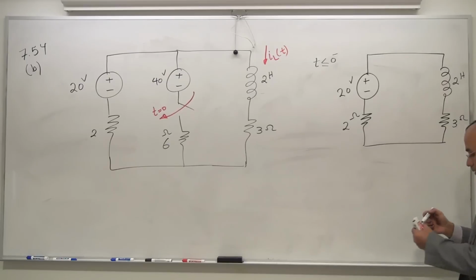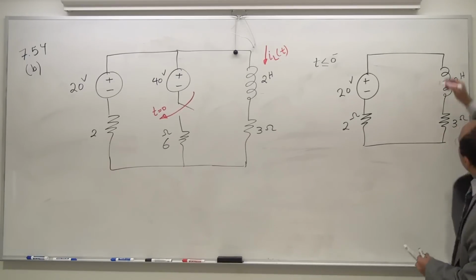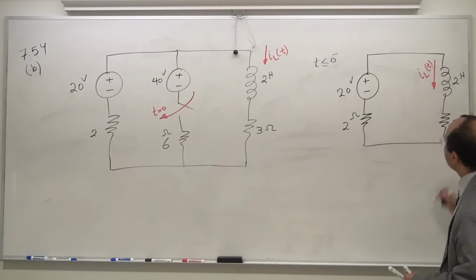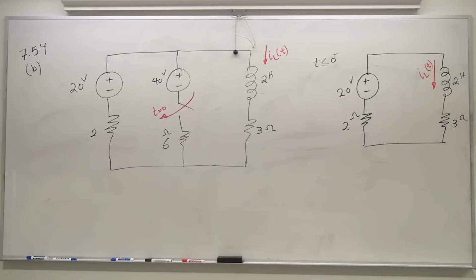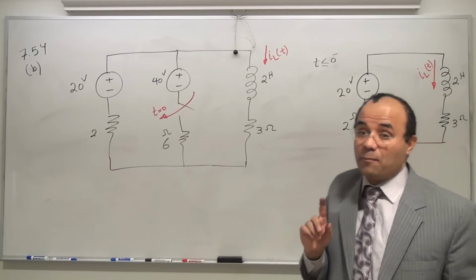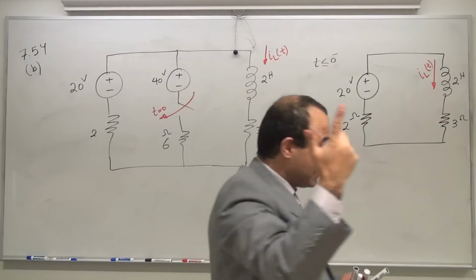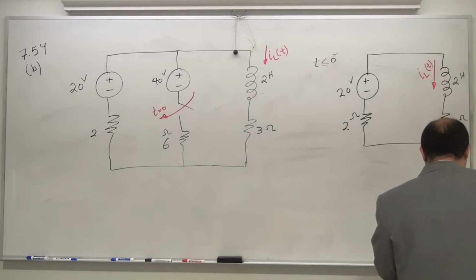Thank God, I have the same variable of interest, IL of t. Since I haven't replaced t with 0 minus, I'm not allowed to replace the inductor with a short yet, because everything has its own price and understanding.